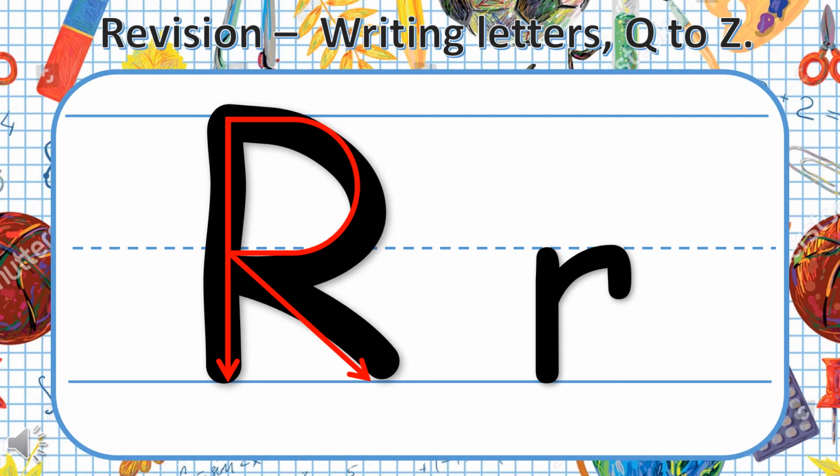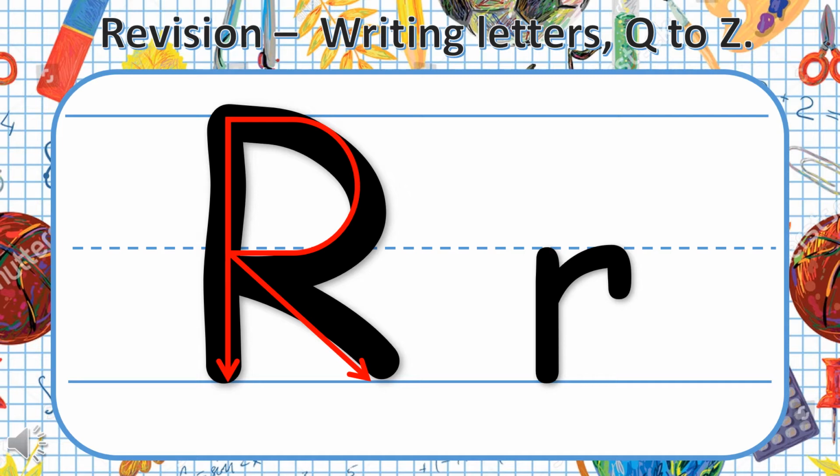Now let's have a look at the lowercase r. But first, tell me, what sound does lowercase r make? Can you remember? That's right. He makes the sound R. All right.